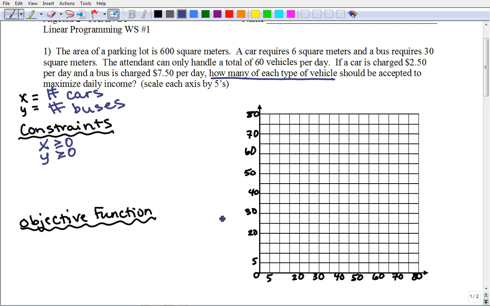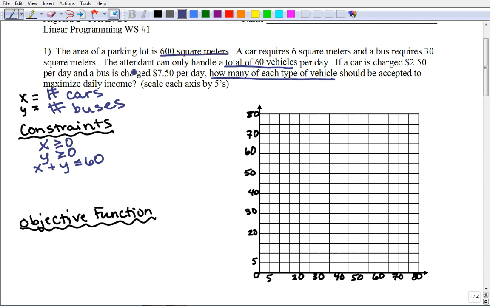Okay, now we have a total of 60 vehicles per day. That's the max that we can have. So the number of cars, X, plus the number of buses, Y, needs to be less than or equal to 60. Also, we have the information about square meters.